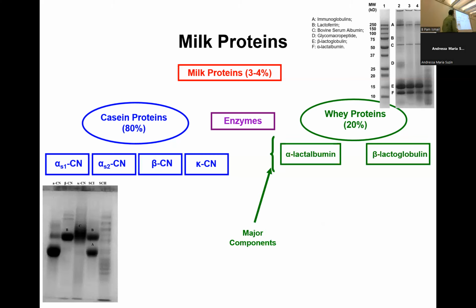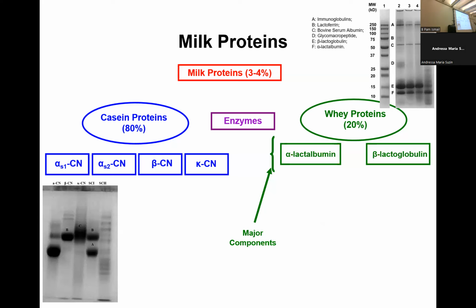Now the whey protein, so there's this gel at the top here. This is a regular SDS-PAGE gel. The most abundant proteins in whey protein are beta-lactoglobulin and alpha-lactalbumin, with about 60 to 80% beta-lactoglobulin compared to alpha-lactalbumin.